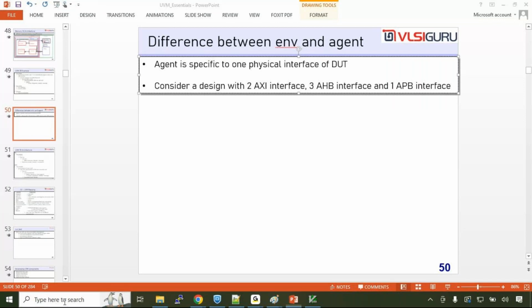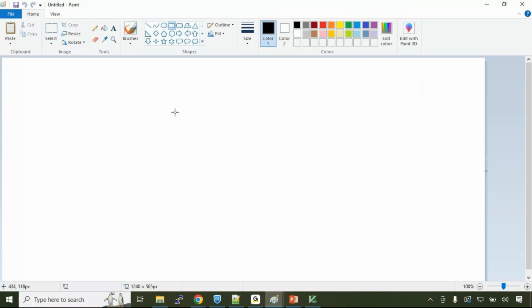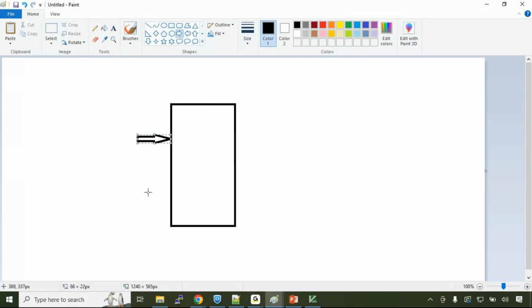How does the design look like? Kind of like this. So how many physical interfaces are there? Six. So I will need six agents.